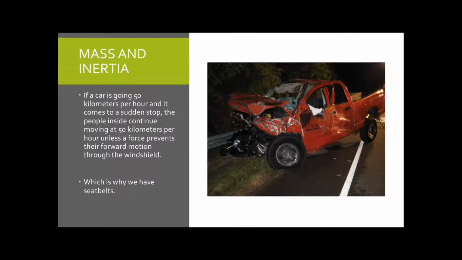So this is the reason that we have seatbelts, as I've said before. It keeps you safe. It prevents you from moving through the windshield. It acts as that unbalanced force that stops your motion. Because something has already stopped the car's motion, but the seatbelt is going to stop your motion.